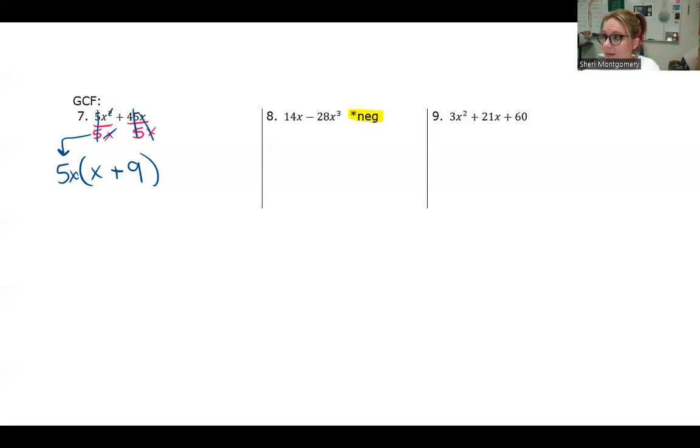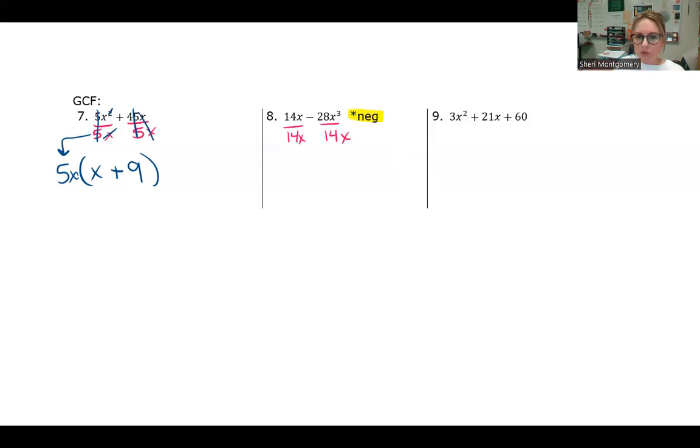If you did 7, you'd have to do it again. So yes, 14 will go into both of them. Okay, what about the x part? I can only pull out one x.